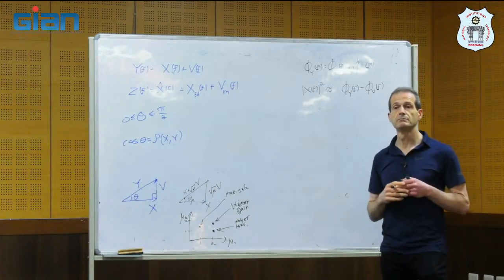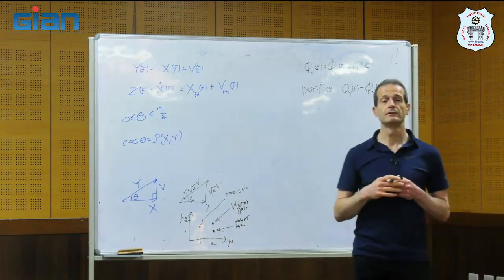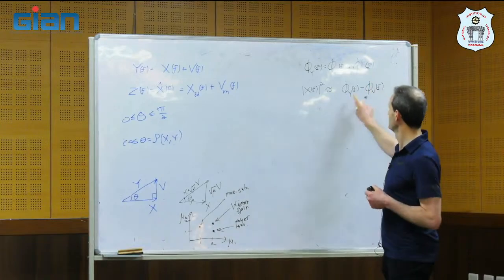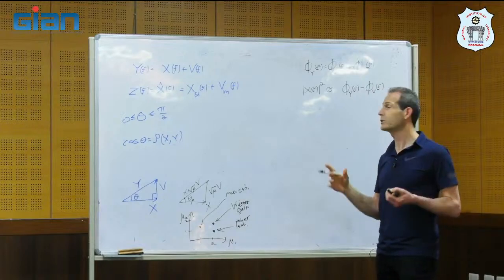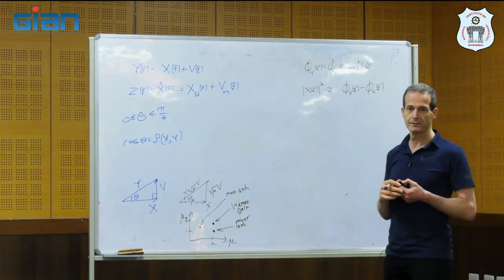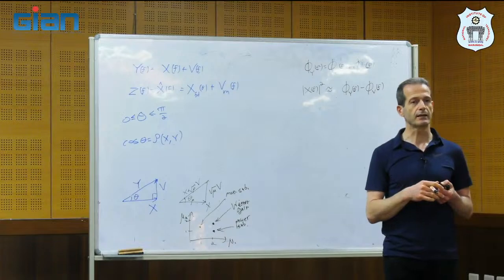Okay? This is one step. So this is power subtraction. Power subtraction, because it's the power, the variance, the power of y, f. Okay, this is the first step. Let's move on.